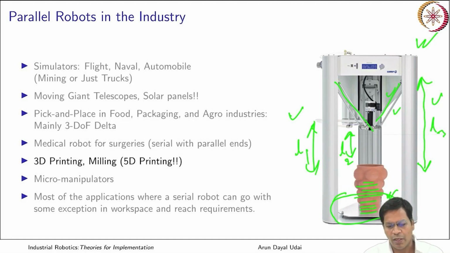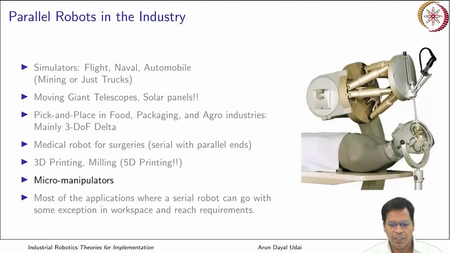So you also have a parallel robot for 5D milling or 5D printing also, which works in a similar manner. You have a micro manipulator to do any kind of, let's say, brain surgery. This is just a mock-up which I got from one of the literatures available over the internet. So yes, you see this is a parallel Stewart platform which is mounted with a needle that is working somewhere in the brain part of our body.